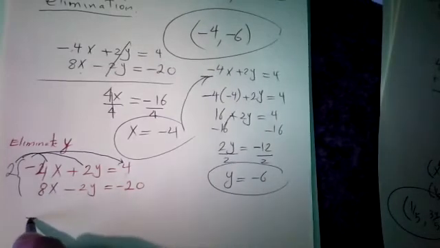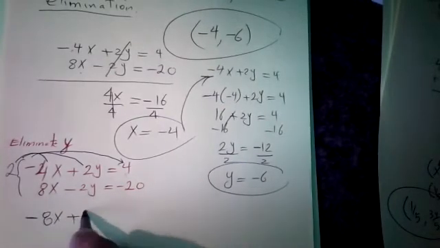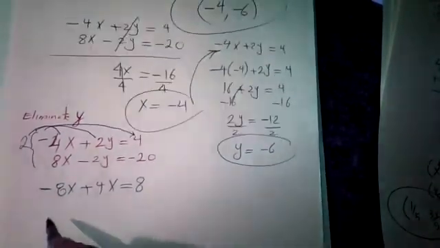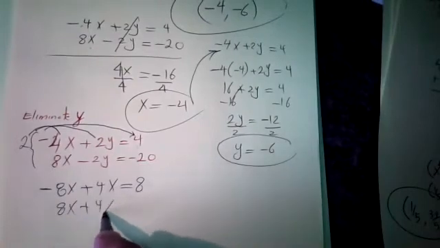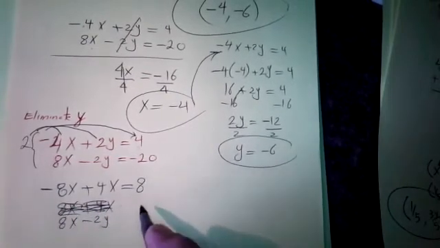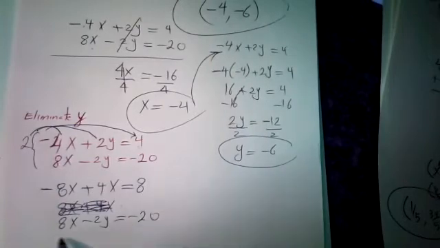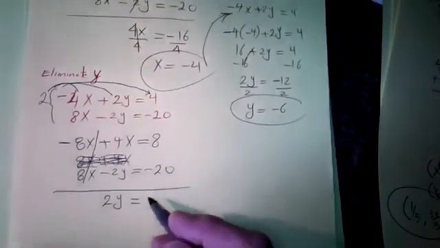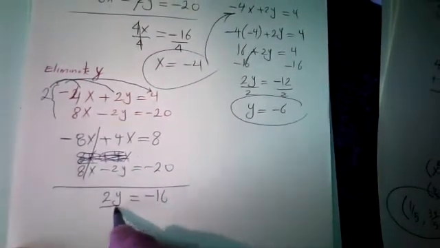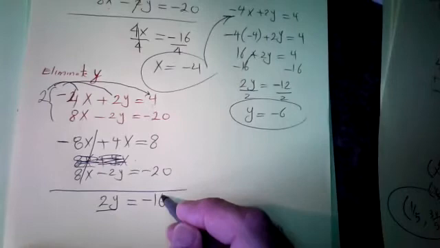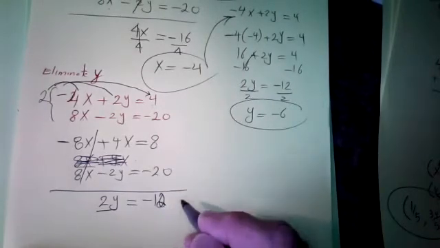So this is -8x plus 4x equal to 8. See? And the bottom one is 8x minus 2y equal to -20. Now, when you add these two, look, this cancels, 2y is -16. I'm sorry.